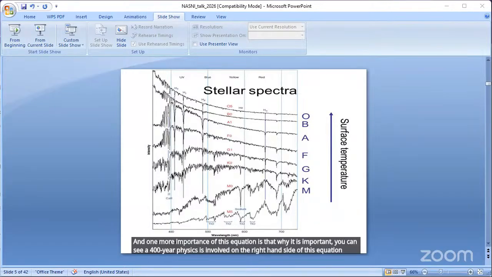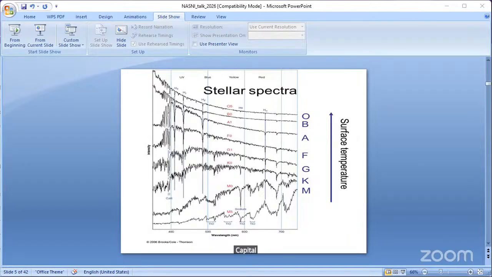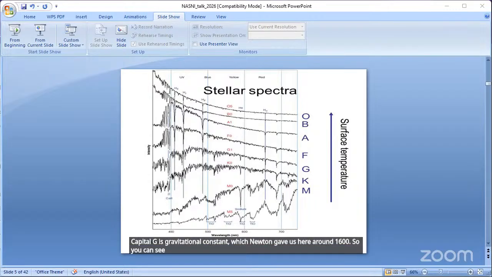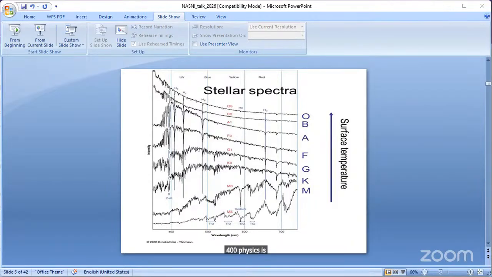H bar is coming from quantum mechanics. C, the speed of light, is coming from the special theory of relativity. Capital G is the gravitational constant, which Newton gave us around 1600. So you can see 400 years of physics is actually required to study these white dwarfs or neutron stars. More accurate calculations actually show that it is 1.4 solar mass.